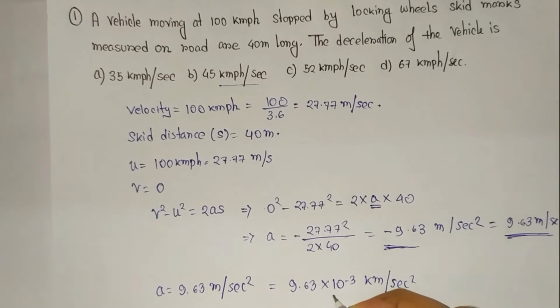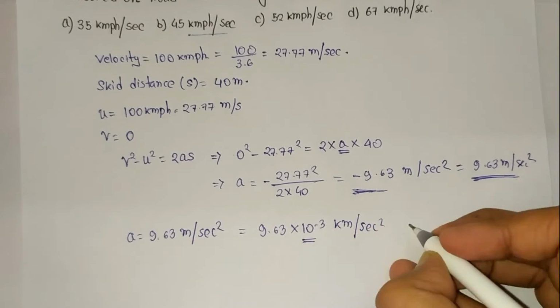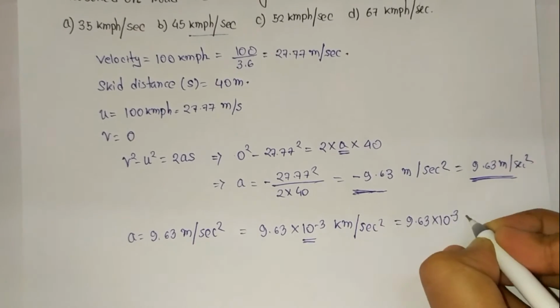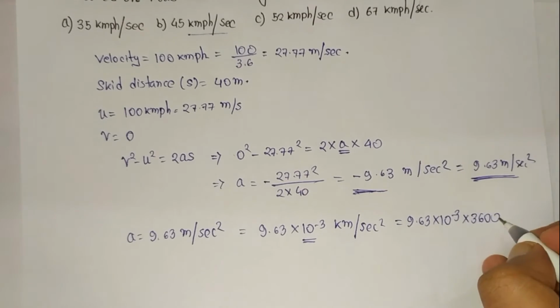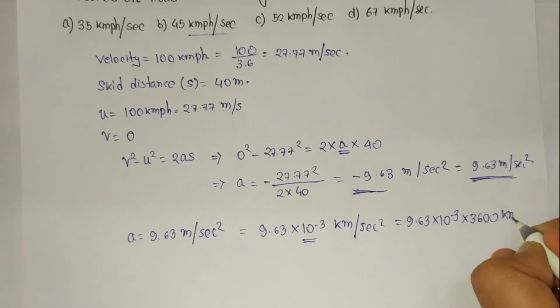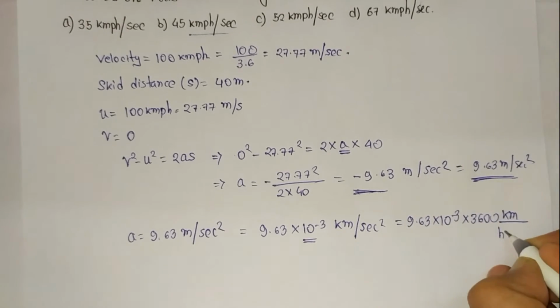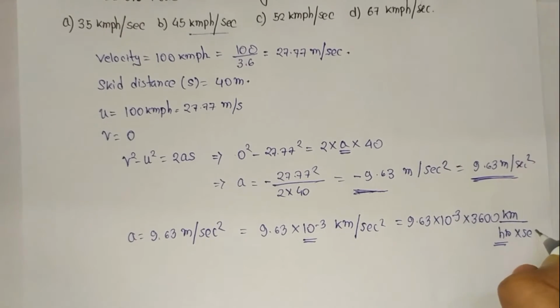If we multiply it with 10 to the power minus 3, meter will convert to kilometer. Then again we multiply it with 3600, that means 60 into 60. One second will be converted to the hour, and the other will remain in second.